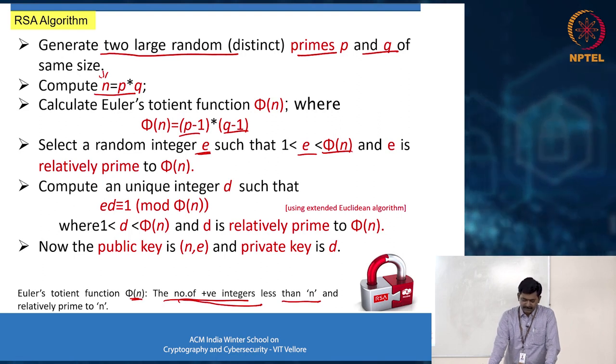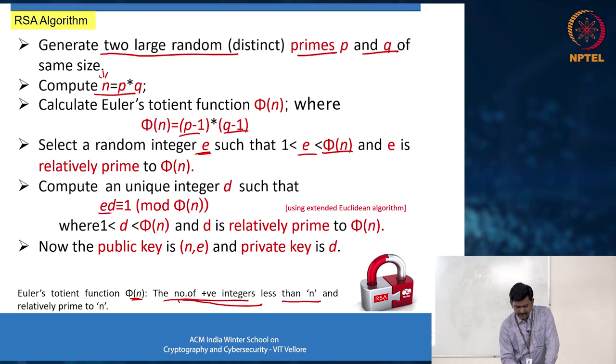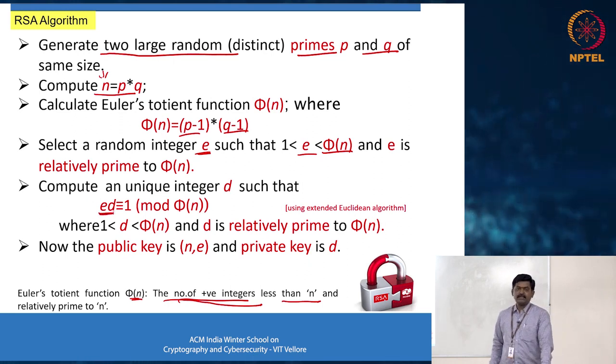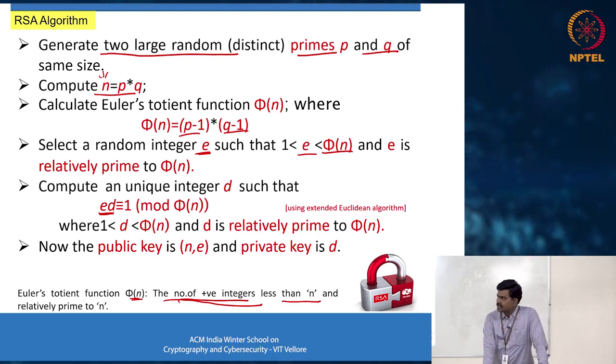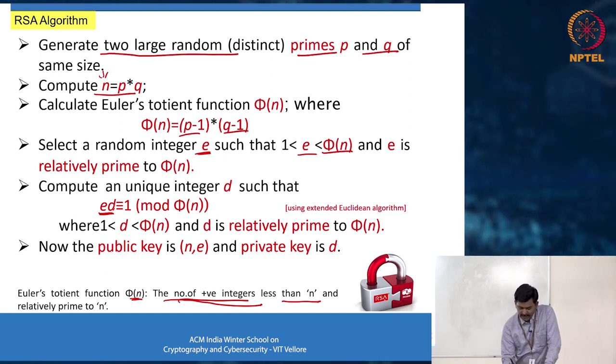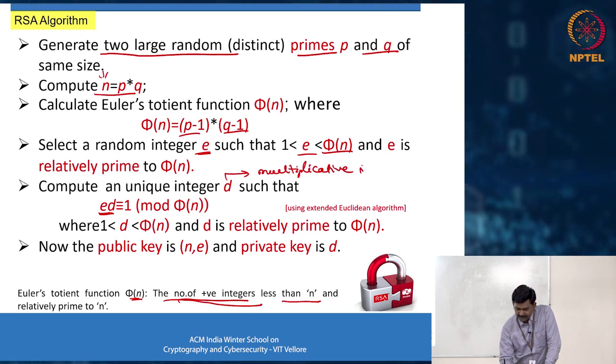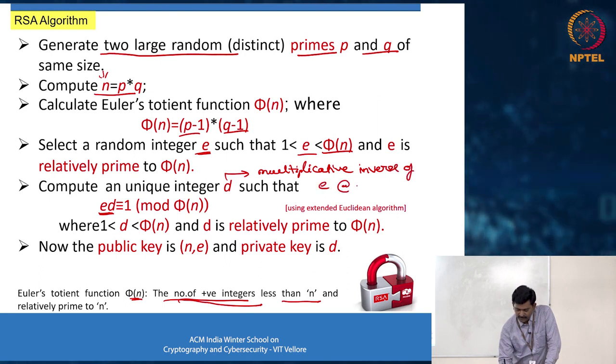Then the final step is to calculate an integer d which is the multiplicative inverse of e mod psi of n.